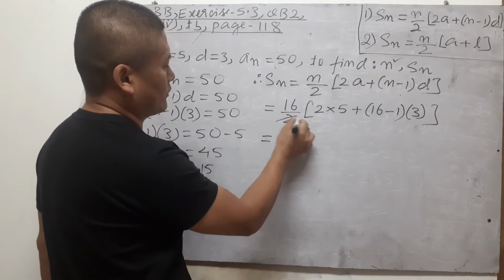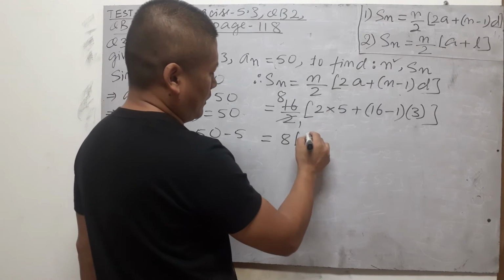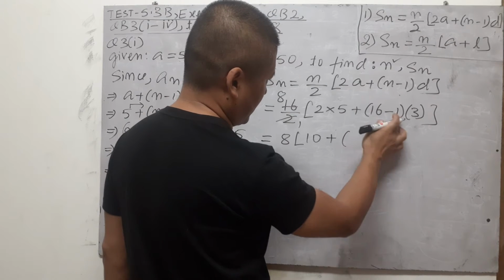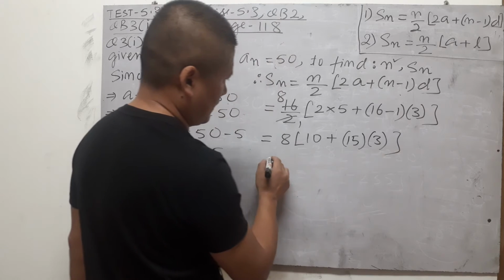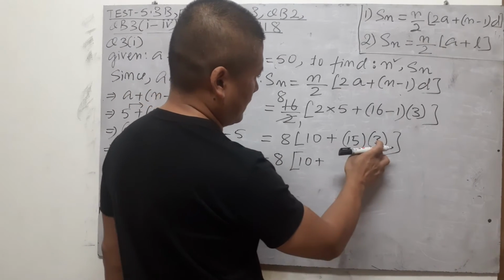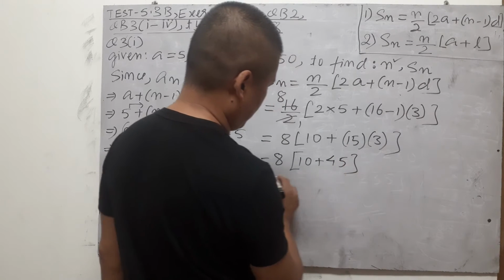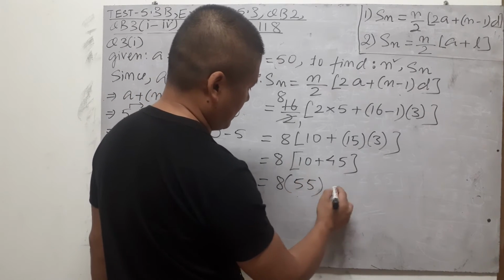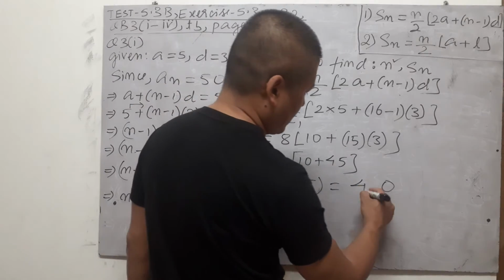Closing the bracket, 2 ones are 2, 2 eights are 16, so 8 by 1 means 8. 2 fives are 10, plus 15, since 16 minus 1 is 15, into 3. So that gives you 8 into (10 plus 45), where 15 into 3 is 45. 10 plus 45 is 55. 8 fives are 40, 8 fives are 40 plus 4, 44.